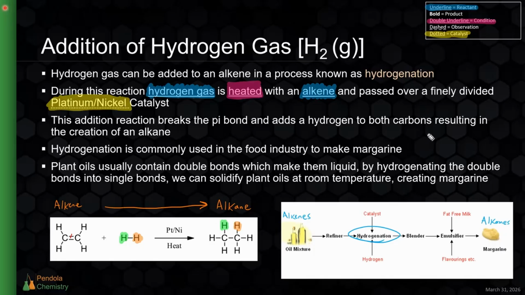So the alkane, which should be bolded, that alkane that we're creating is our product here. So that alkane is our product. All right. So that's our first type of addition reaction.